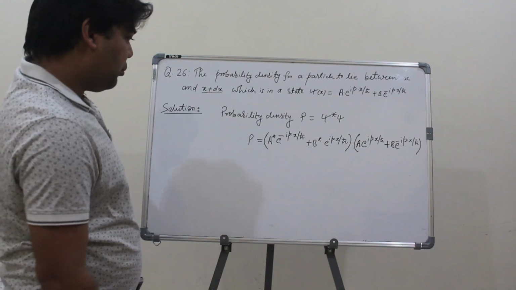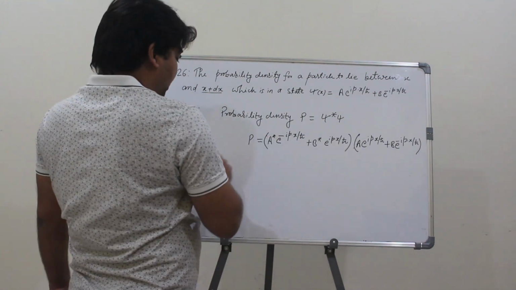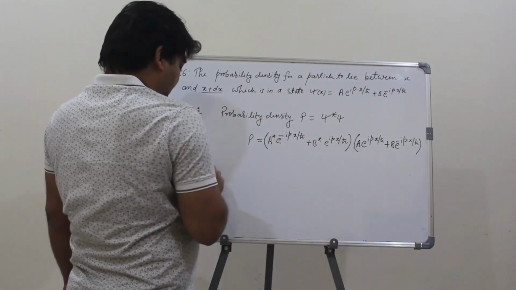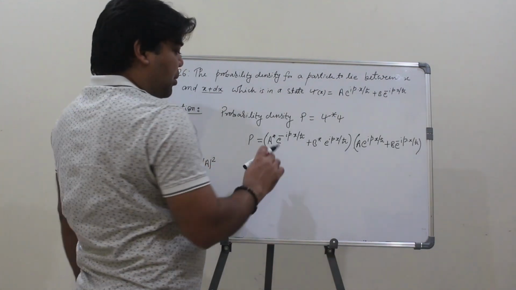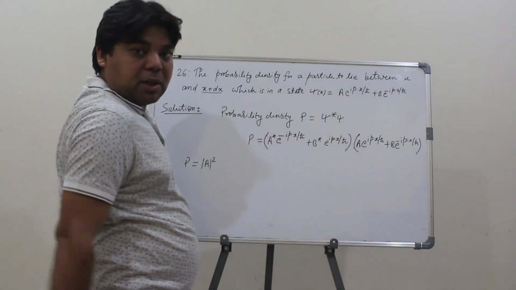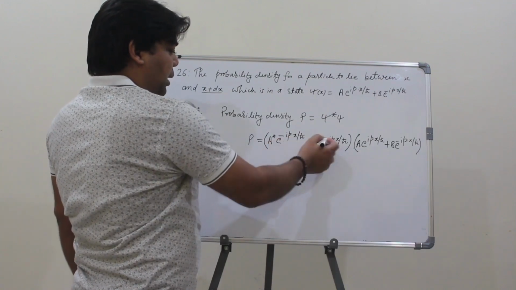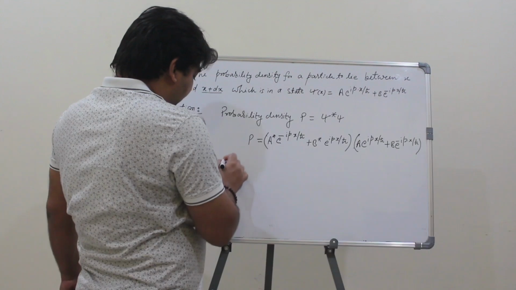Right? Now let us take the simple multiplication of these terms one by one. So P gives you A star A, which is nothing but mod A square, right? This is the simple definition. A star A is mod A square, and this minus and plus will give you e to the power 0.